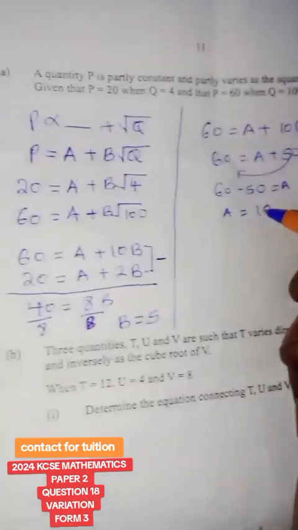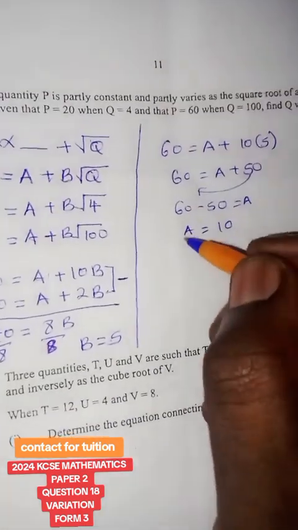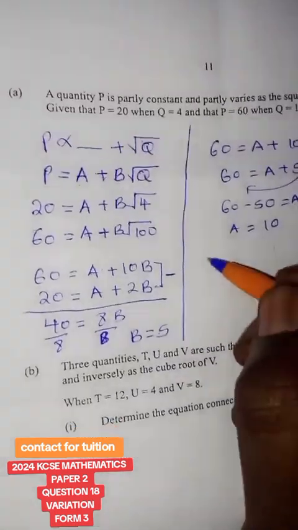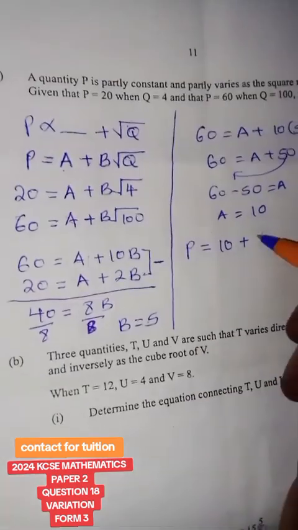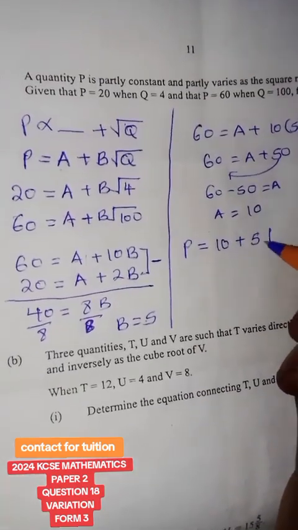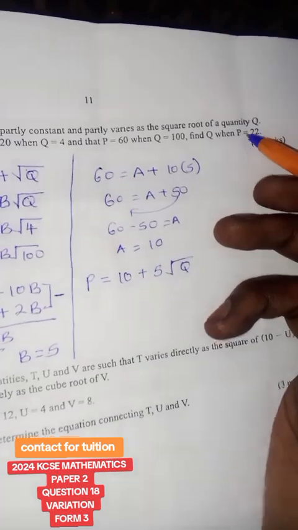So the equation connecting these three variables will be P is equal to A, a constant 10, plus B, another constant, which is 5, times the square root of Q. Now you're told to find the value of Q when P is 22.